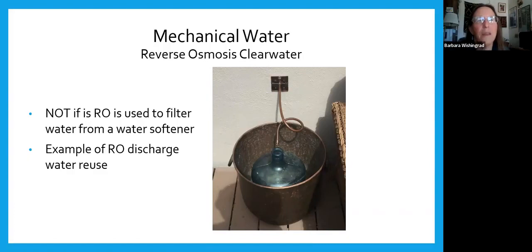And if it's not used to filter the water from a water softener, because again, that is too much sodium, then you can take this reverse osmosis clear water and reuse it to water plants, or sometimes we've created these lovely water features or bird baths with it. So it's just something else that can be used in the landscape.